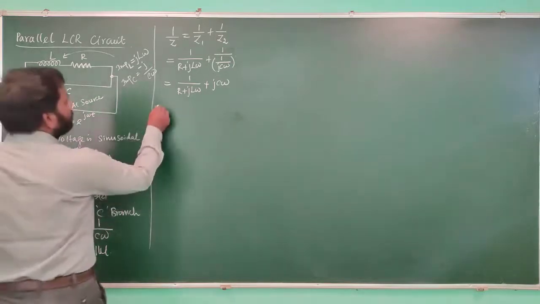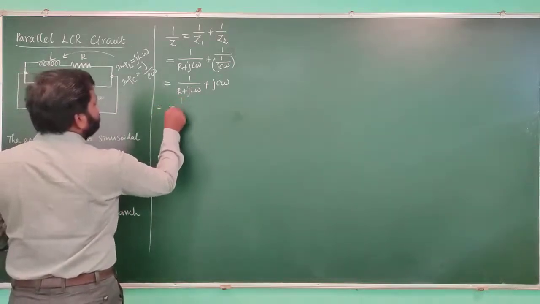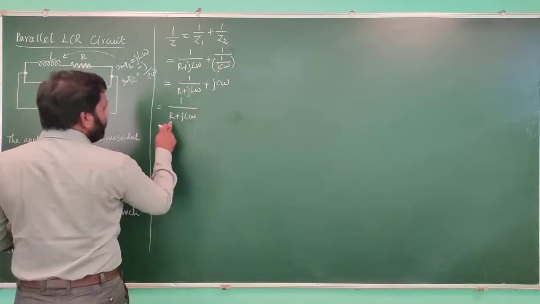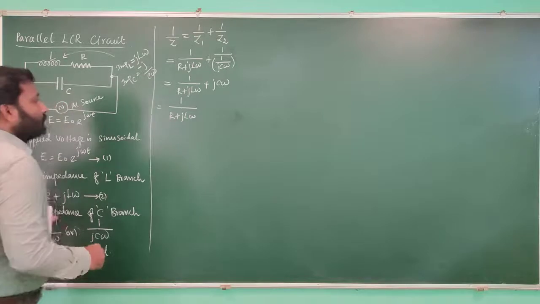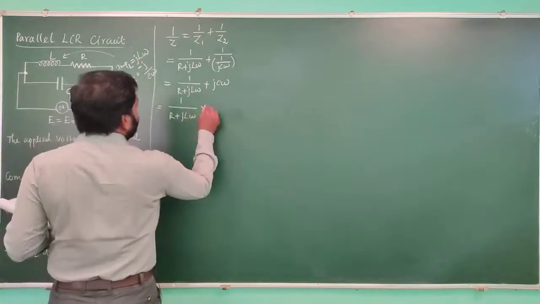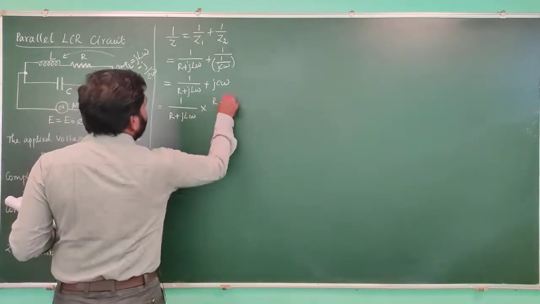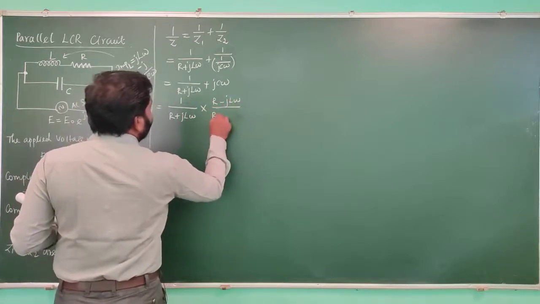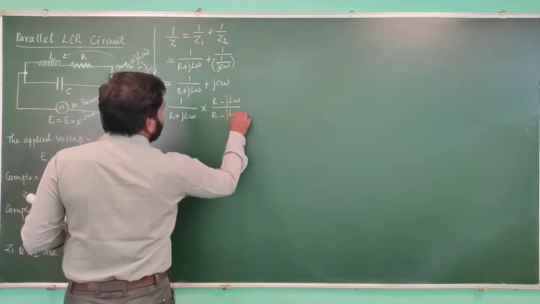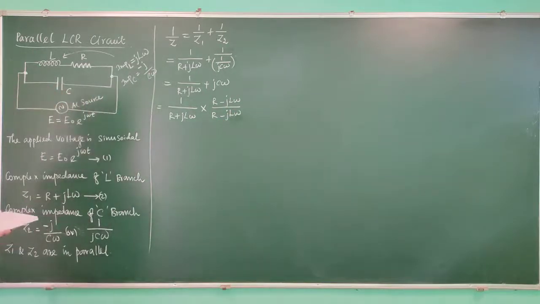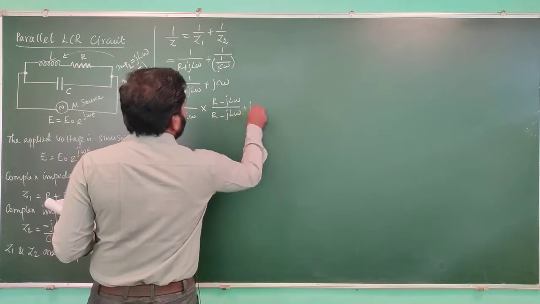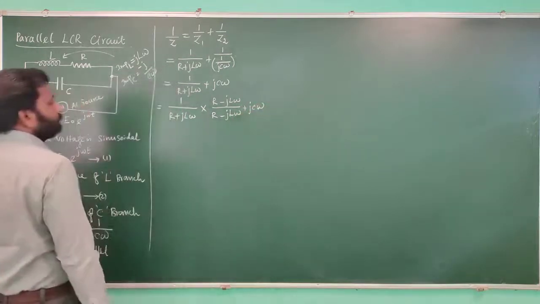Now let us multiply this term, R plus j L omega, by its complex conjugate in numerator and denominator, R minus j L omega divided by R minus j L omega, plus j C omega.